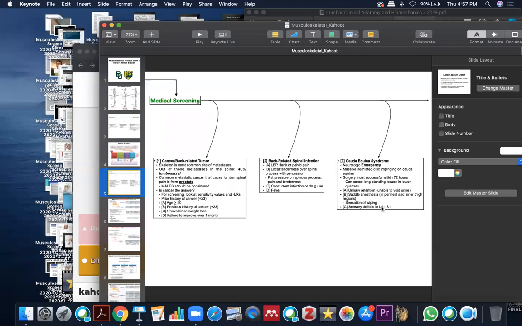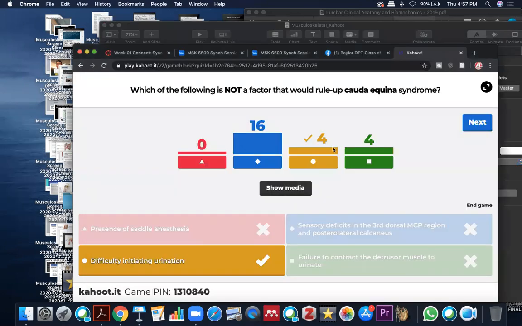When it contracts, it squeezes the bladder and shoots the urine out, kind of like a tube of toothpaste. I purposely put that in there in case he put something like that on the test. So it's not specifically difficulty initiating, it's the failure to contract the detrusor muscle to urinate.